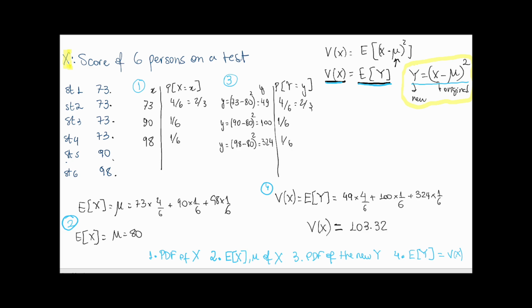Now, you can also calculate the other statistic, which is not the variance, but the standard deviation. Well, that's easy. After you do the variance, if you square root that value, you have the standard deviation. And if you do that, this is 10.16. So if you want the standard deviation, there's a fifth step.